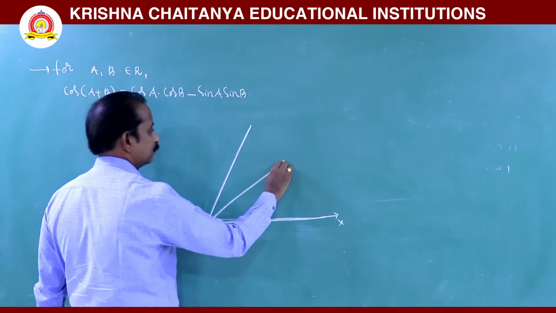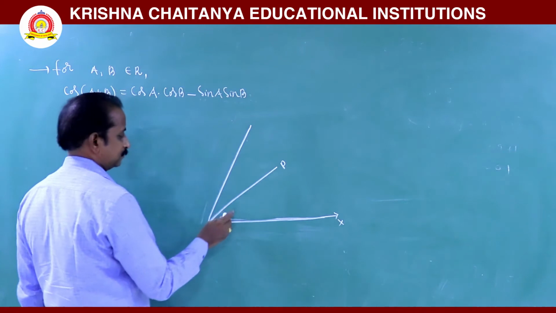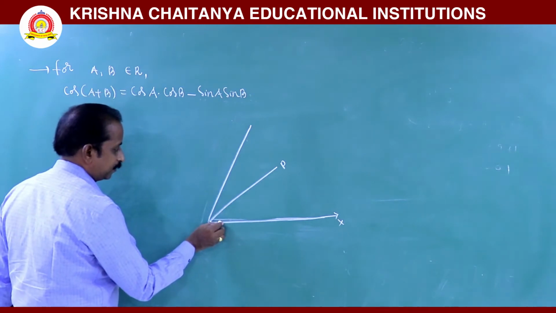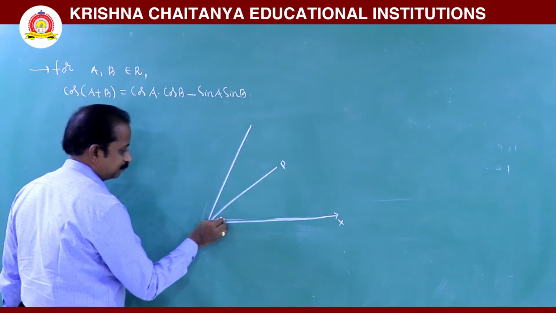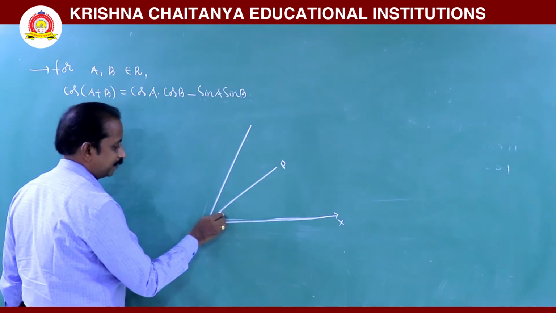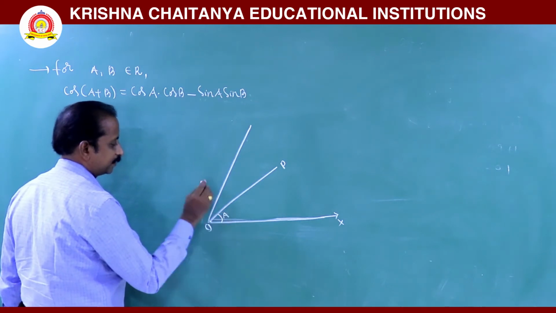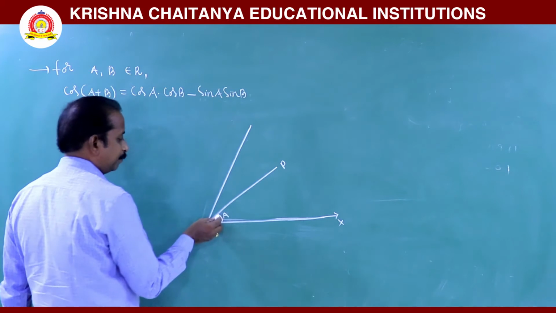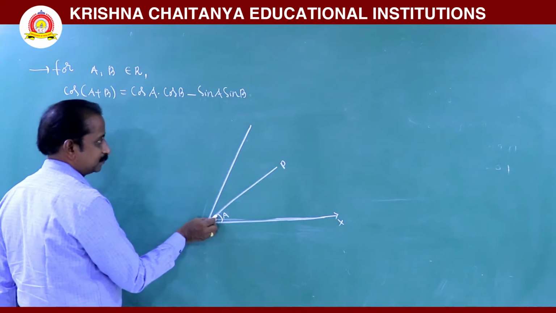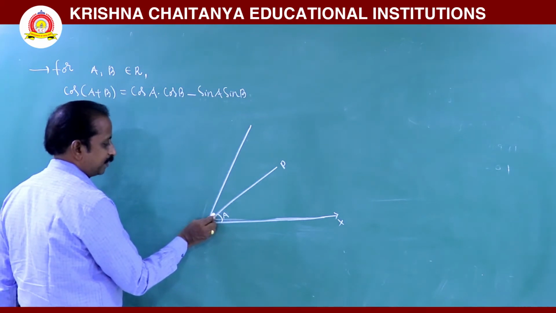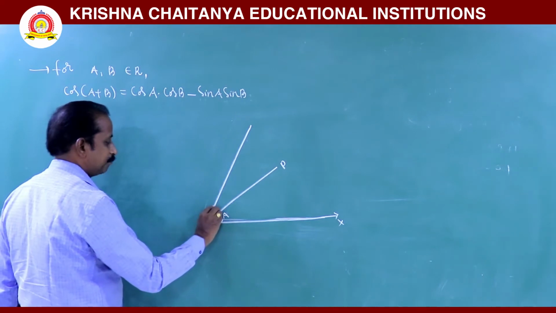This OP line with respect to the x axis measures angle A. So, this is A. The angle between OP and OQ is B.